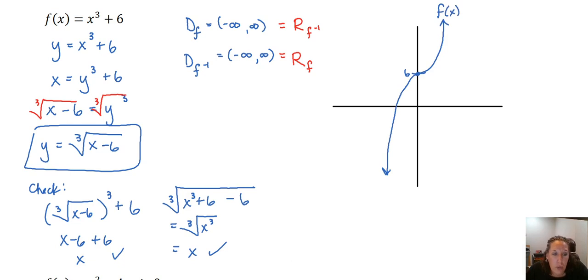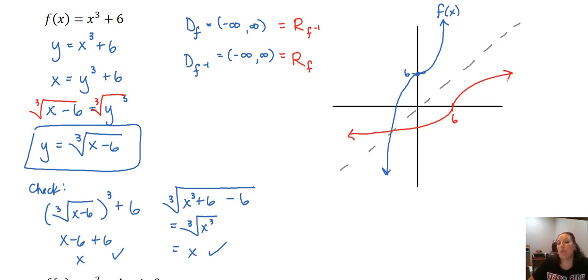And then our cube root, well, that minus 6 in there means that we are going to have a horizontal shift to the right 6. And then our cube root function is going to go up and up to the right, down to the left. And what we should see is that we get the mirror image across the line y equals x.